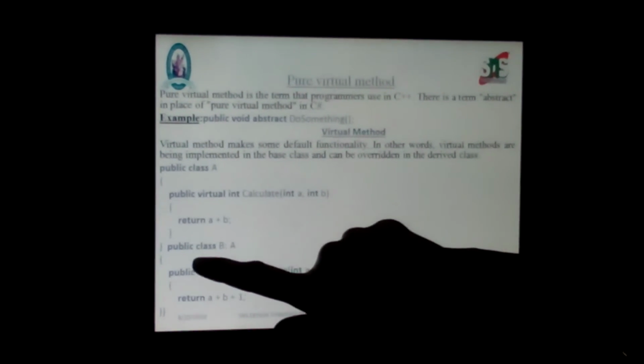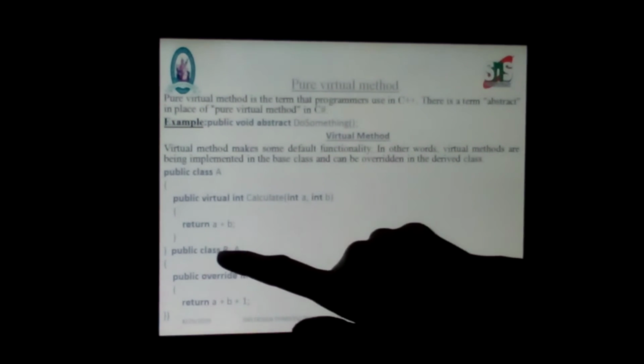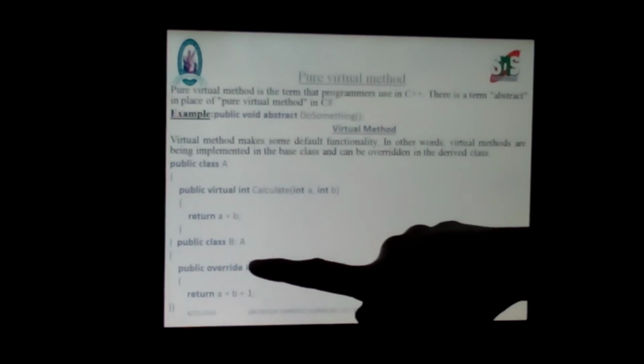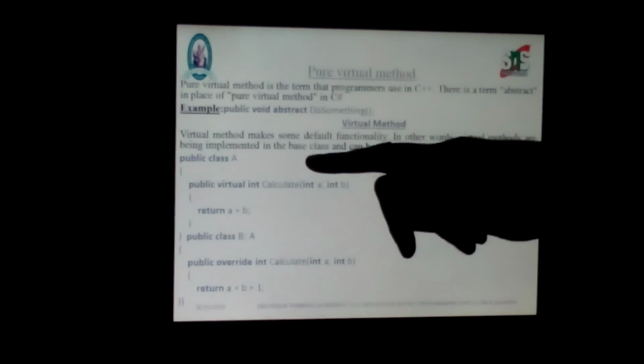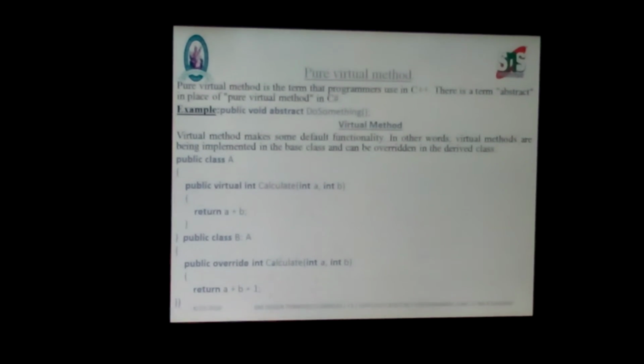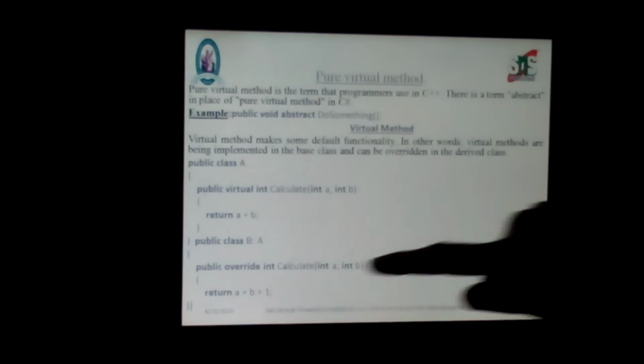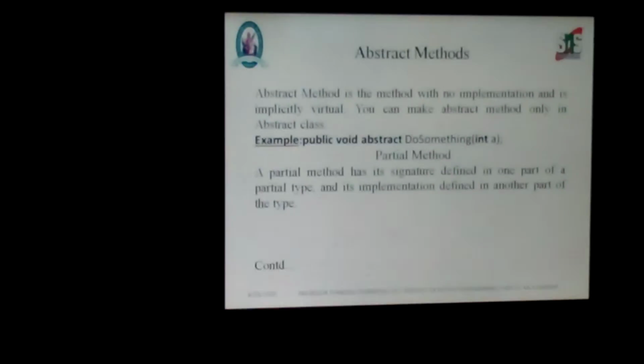Next we create another derived class B from base class A. Here Calculate, int a, int b is overridden. Whenever you call this class B, it returns a plus b plus 1. This is known as virtual method.